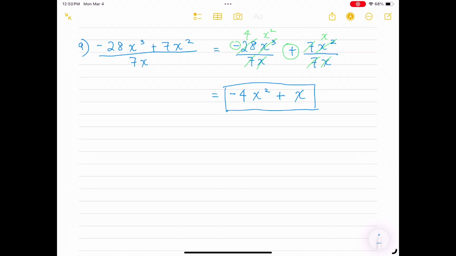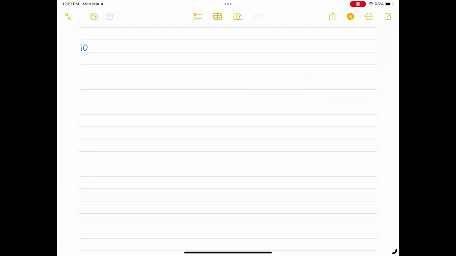We box our answer. Example number 10, a very long problem. We need to spread out our work so we can see our work clearly. We have 20n to the third minus 16n to the second minus 12n all over 4n.